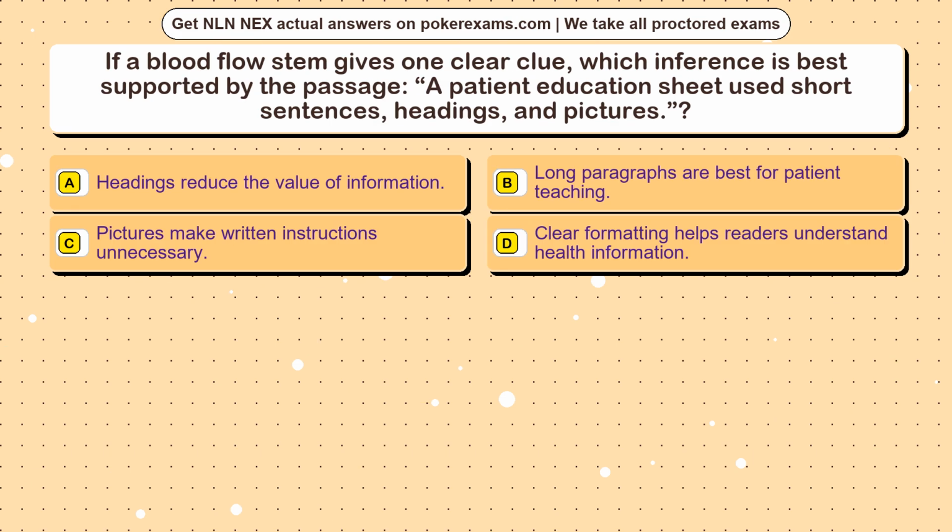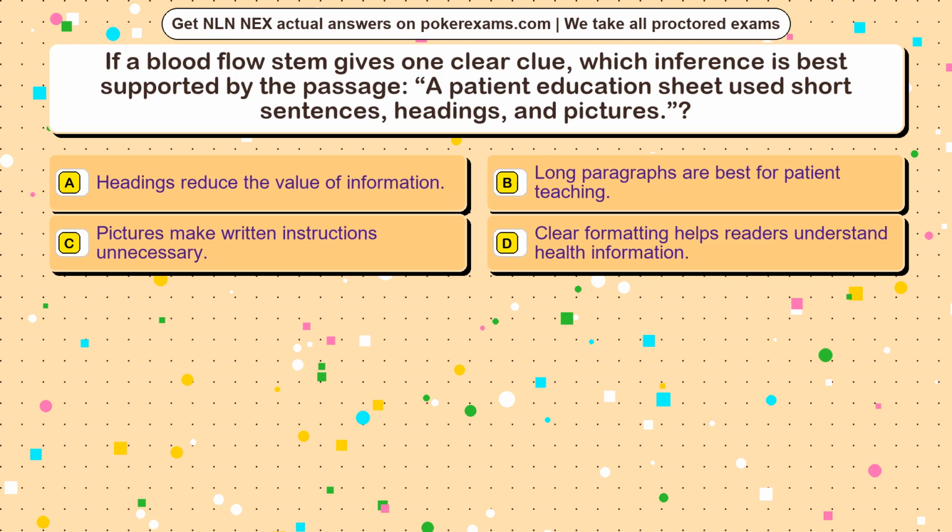Question 4. If a blood flow stem gives one clear clue, which inference is best supported by the passage? A patient education sheet used short sentences, headings, and pictures. Option A, headings reduce the value of information. Option B, long paragraphs are best for patient teaching. Option C, pictures make written instructions unnecessary. Option D, clear formatting helps readers understand health information.